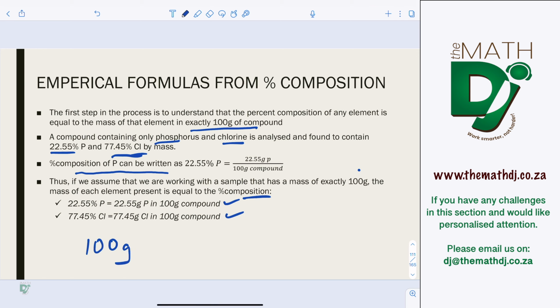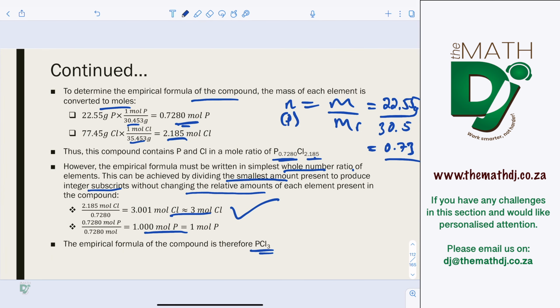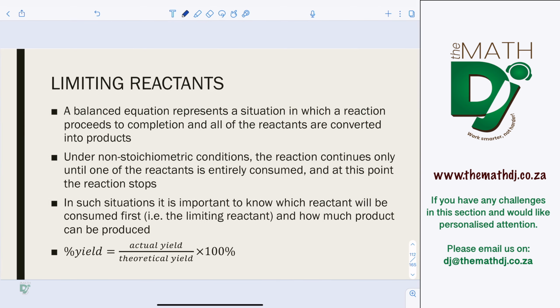You can assume any other number, but it's better to use 100 grams because it will make your calculations easier. But if you want to make your life harder for yourself, then you can choose any other mass you want.